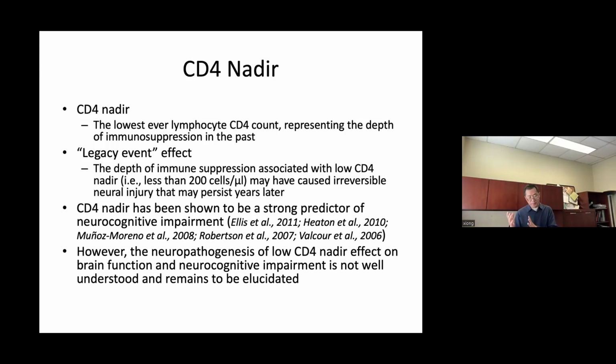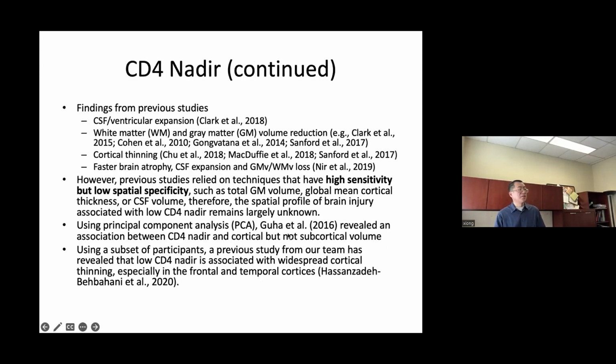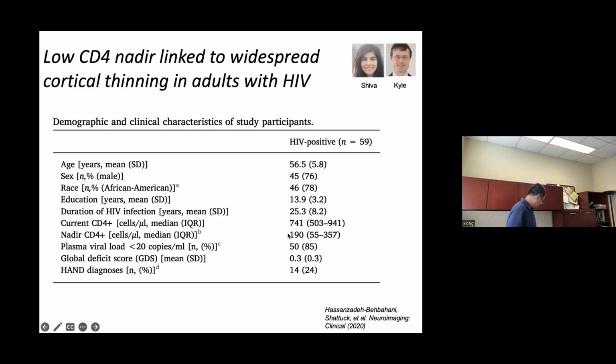If a person had a really low CD4 nadir even 20 or 30 years ago, they might still have long-lasting effects on brain structure and function nowadays. That's why we try to study it, and because CD4 nadir also strongly predicts cognitive impairment. Here I'm going to skip this one because we are tight on time.